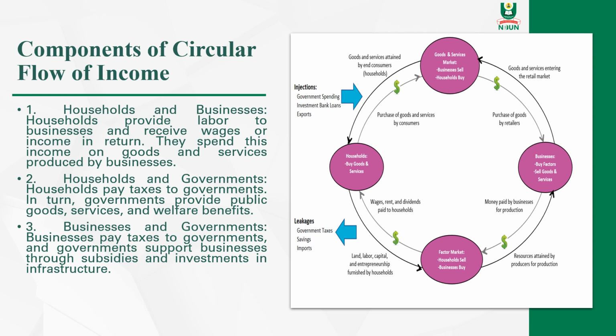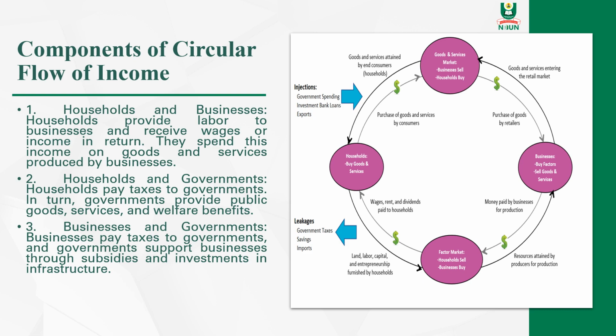And when the household receives this income, they spend it on goods and services that are produced by the businesses. The businesses, after selling, after making profit, also pay government taxes.